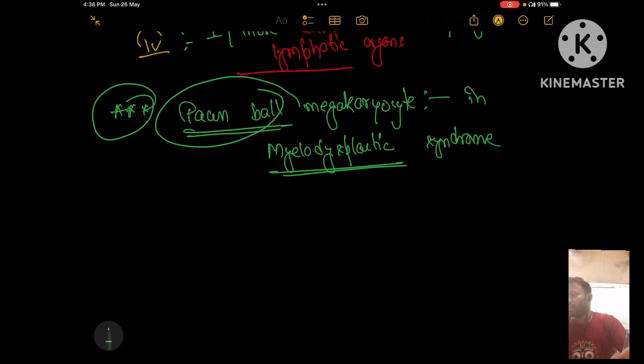Here is a picture. This is called pond ball megakaryocyte, seen in myelodysplastic syndrome.